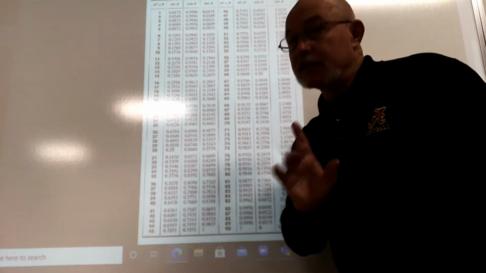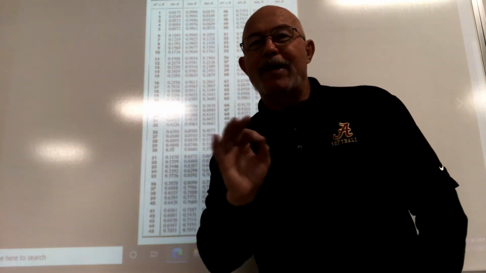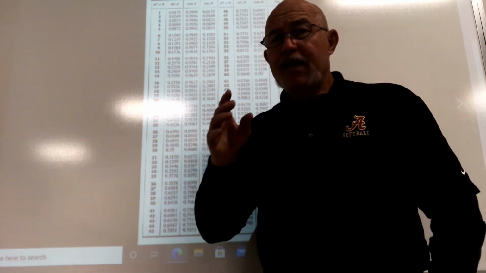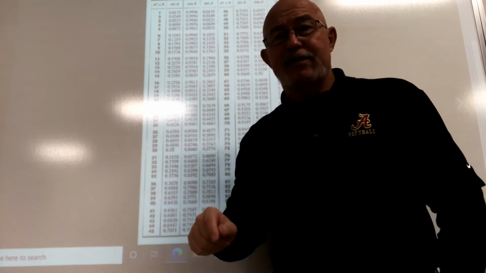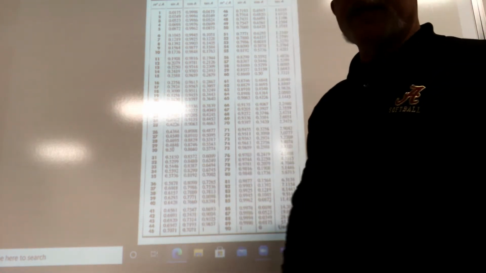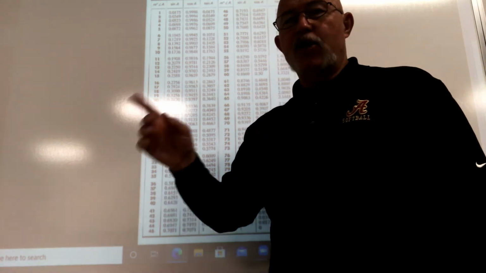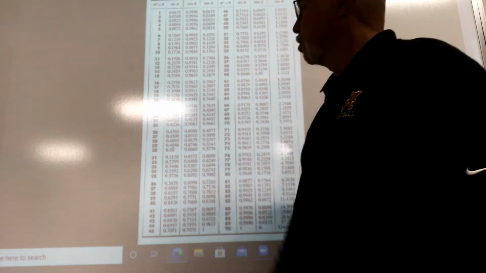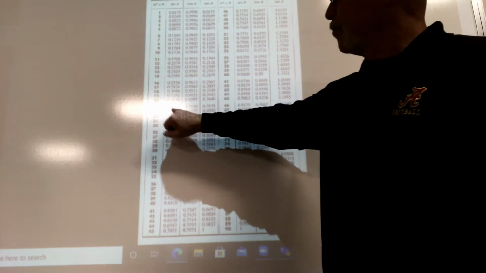Now here's what I want you to see. It's kind of a cool thing, because I made a point about complementary angles. The complementary angles use the same 3 sides. So, if I have a 21 degree angle, and I look at its sine, opposite leg over hypotenuse, I get 0.3584.